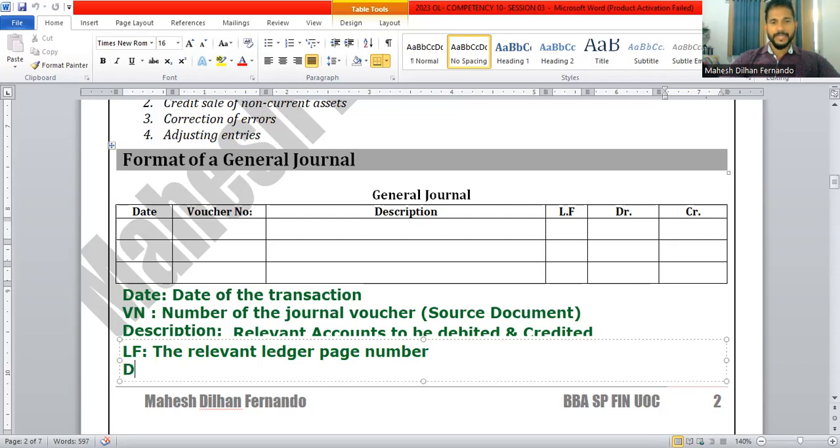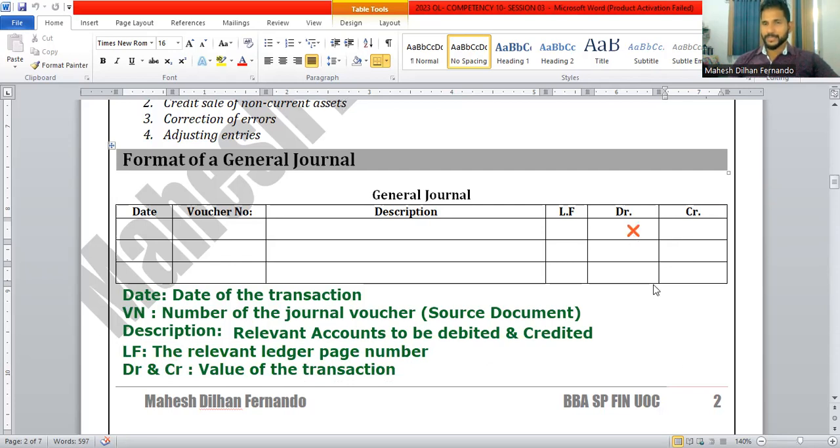And in the debit and credit columns, the value of the transaction. Listen to me while you are writing. Every debit should have a credit entry, even in the general term.